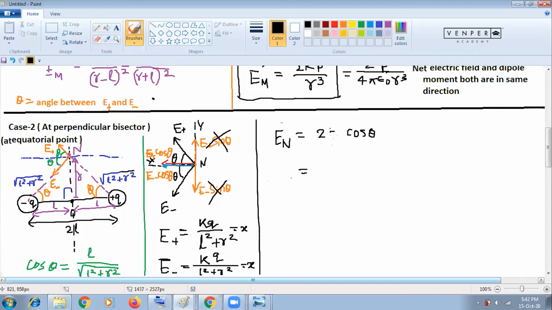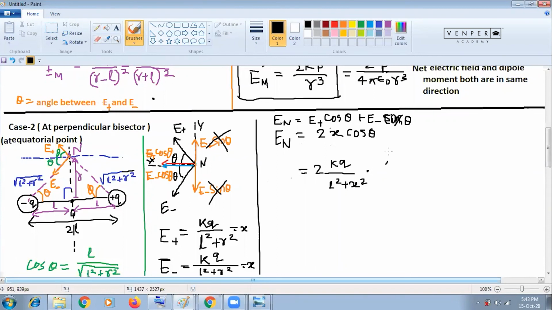So here it is 2x cos theta, because net electric field is nothing but E plus cos theta plus E minus cos theta. Because these two vector components E cos theta are in the same direction, the negative direction. So now you can write it is 2kq divided by L square plus x square.